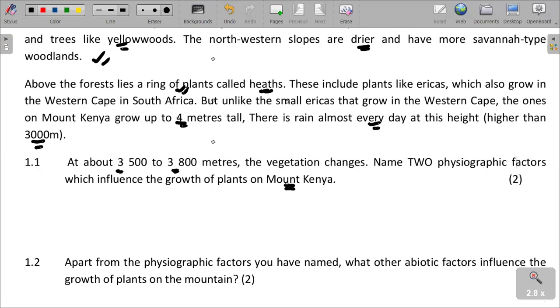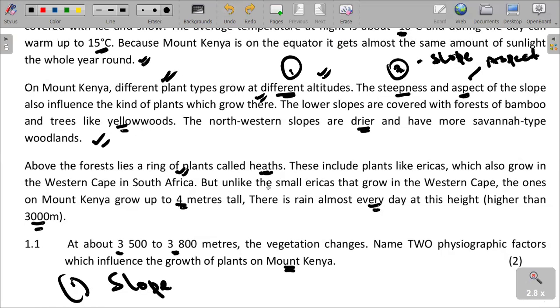So according to this question, two physiographic factors which influence the growth of plants on Mount Kenya. We can talk about slope, which I mentioned, that we identified that there is the issue of slope. Slope is one of the factors affecting the growth of vegetation there. Don't forget that the question is saying, according to what we are given here, the steepness and aspect of the slope.